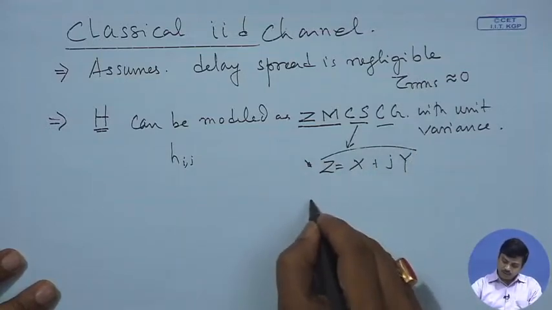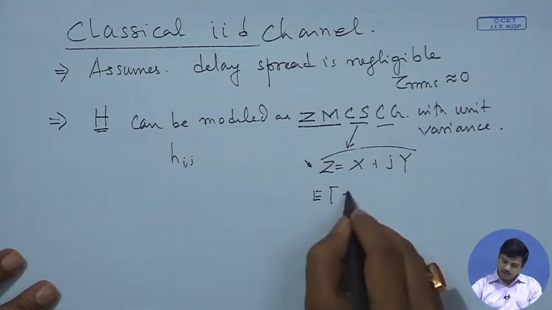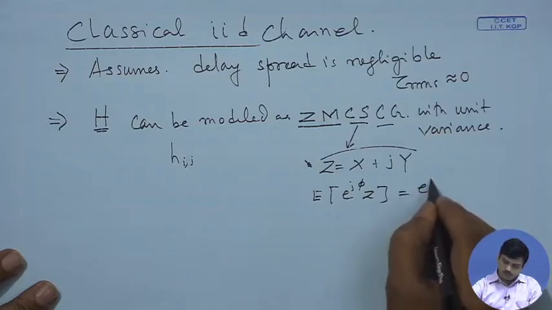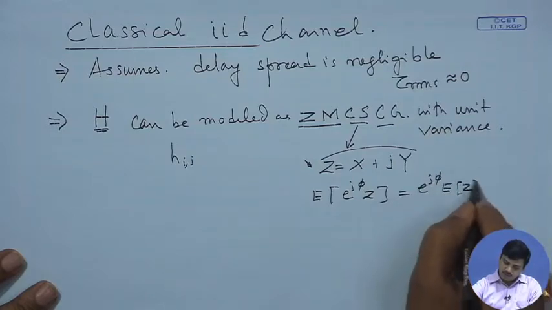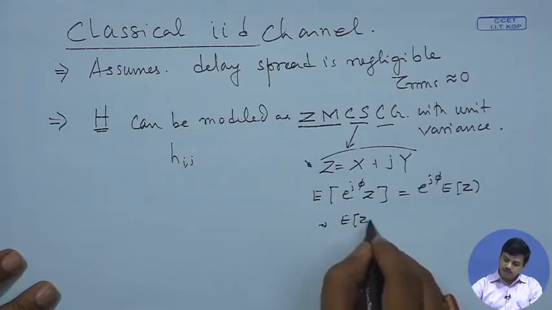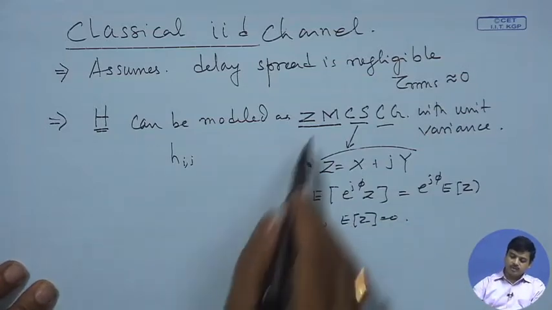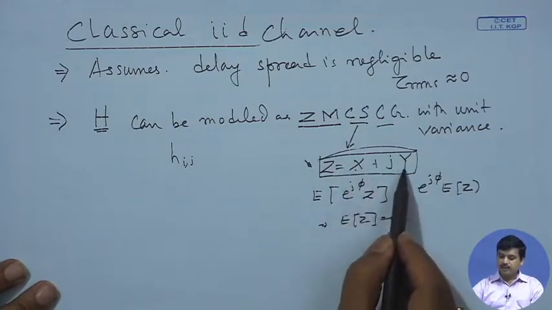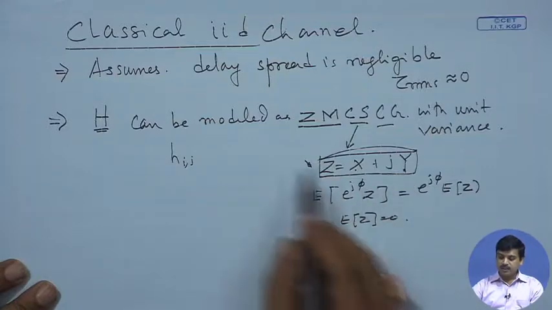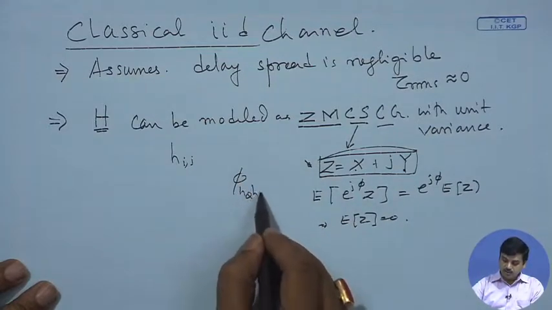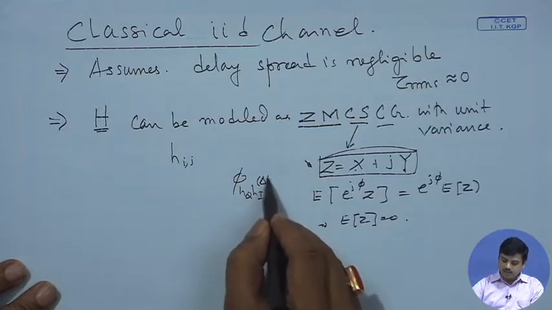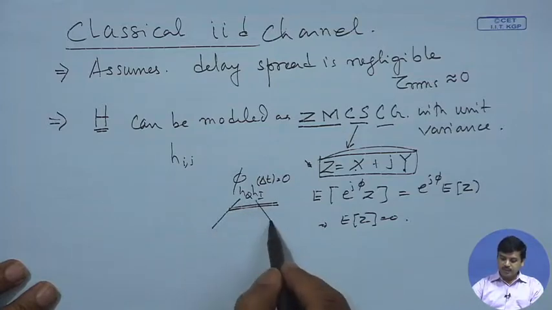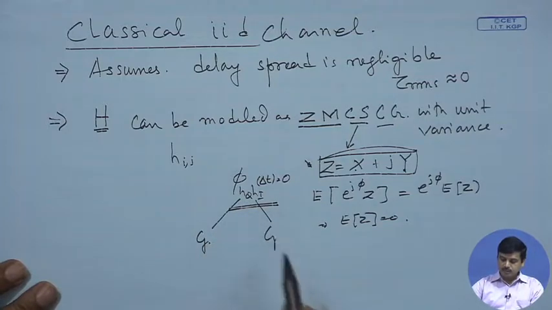Circular symmetricity usually would mean that the expectation of e to the power of j phi z, for all real phi, is equal to e to the power of j phi times the expectation of z, which leads to the expectation of z being equal to 0. So effectively we have these as the channel coefficients, where the x and y components are independent. We have seen that h q and h i are uncorrelated, and we have seen that both are Gaussian.